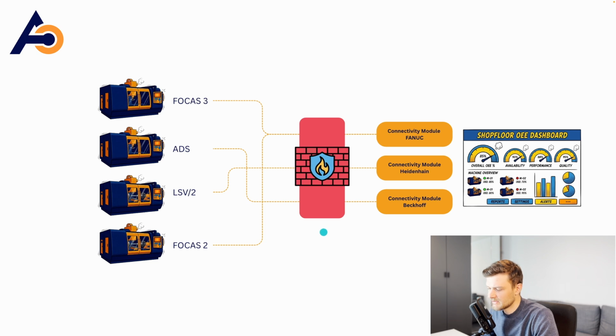The second point is the firewall, something that is not very often talked about, which I find is a very important point. If you have multiple different protocols, you really blow up your firewall configuration, because to be secure, you need to manage well which machine is talking over which protocol to what software.